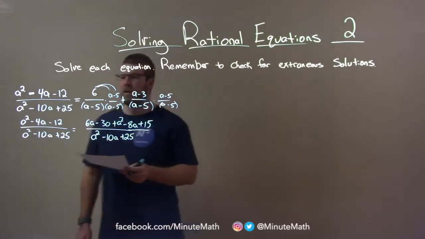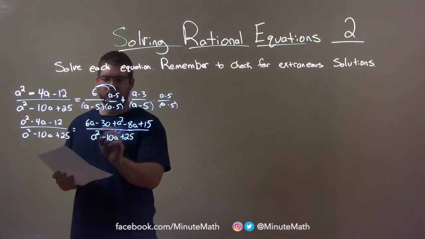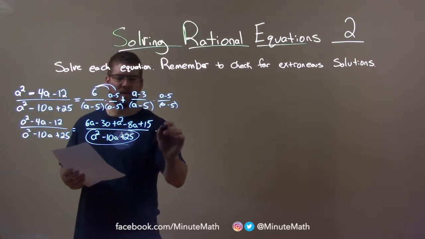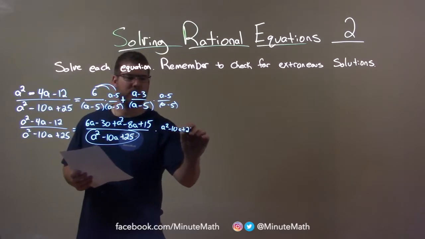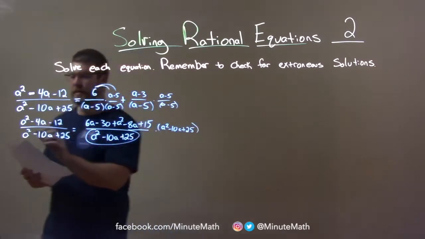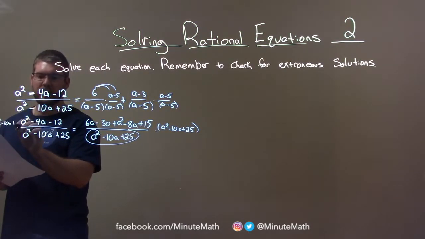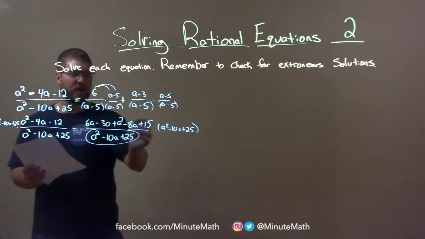Okay? Well, watch this. I'm going to multiply both sides by this denominator right here. In doing so, if I can fit it on the other side, I don't think it's going to fit, but if it goes off the screen, you know that's what I'm doing. Multiplying both sides by this denominator.